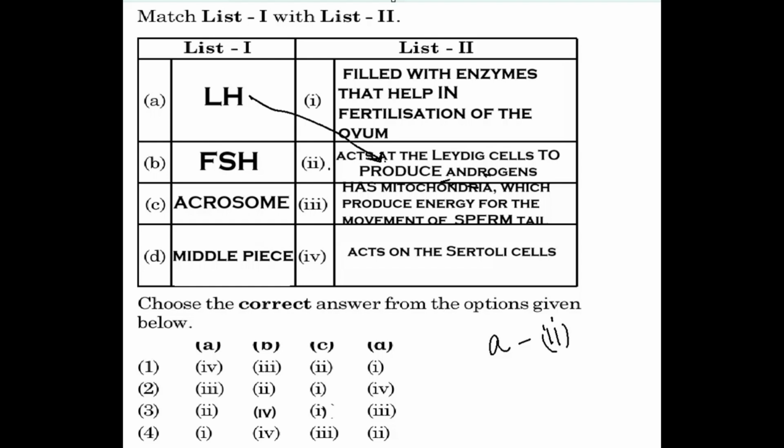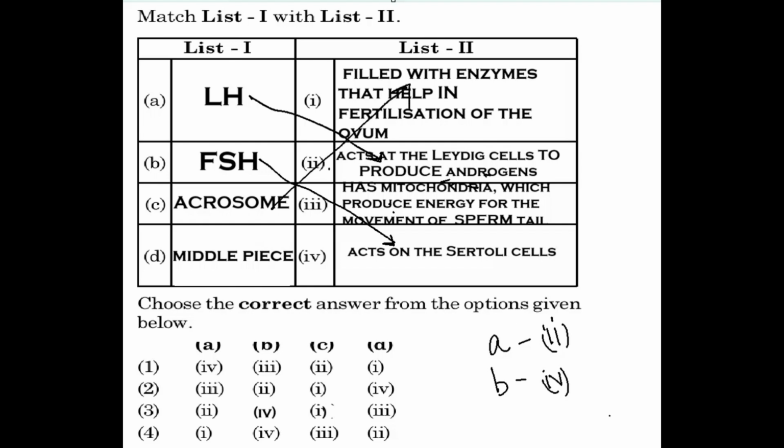Now about the follicle stimulating hormone. Follicle stimulating hormone acts on Sertoli cells will be the answer, which means B option matches with list 2's fourth option. Acrosome is filled with enzymes that help in the fertilization of ova.